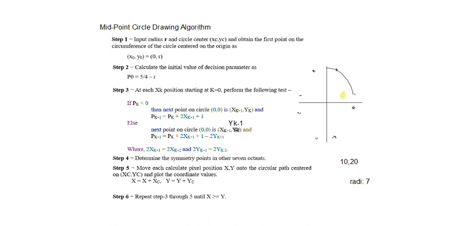Step number 6 is repeat steps 3 through 5 until x is greater than y. I will keep on repeating this till I reach x equal to y. If I am segmenting this at 45 degrees, on this line at the angle 45, x will remain equal to y.